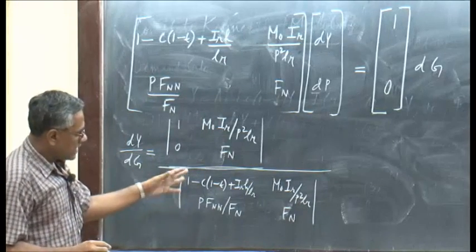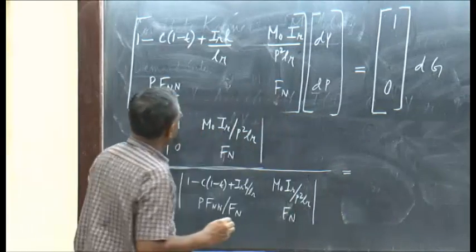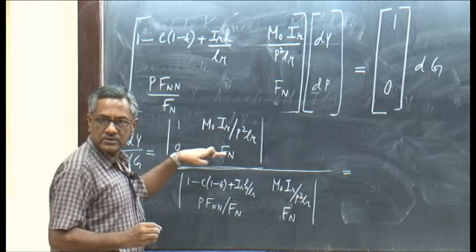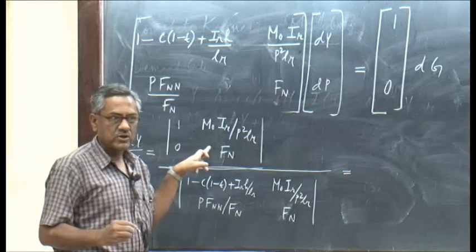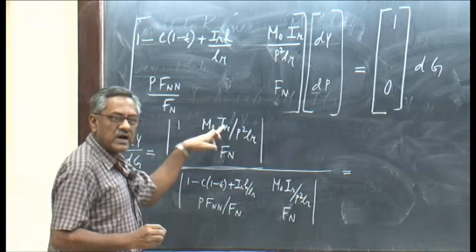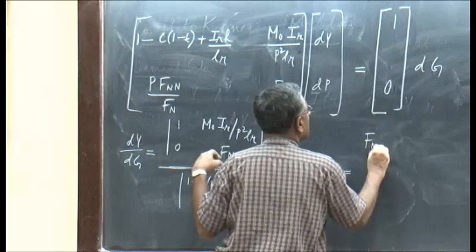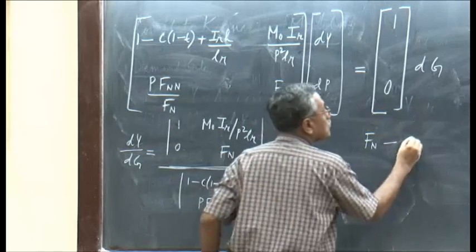Now, you can find out the determinant right away. You know how to get it. 1 multiplied by this, diagonal terms are multiplied, minus the off diagonal terms product. That's the determinant. The product of the diagonal terms minus the off diagonal terms. So it will be Fn minus 0 into that is 0.